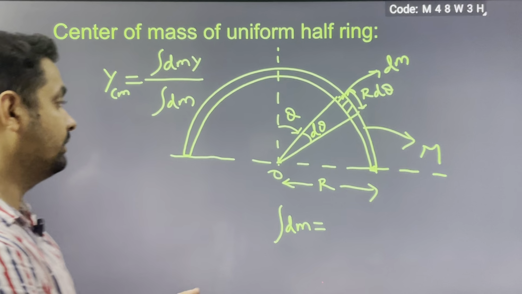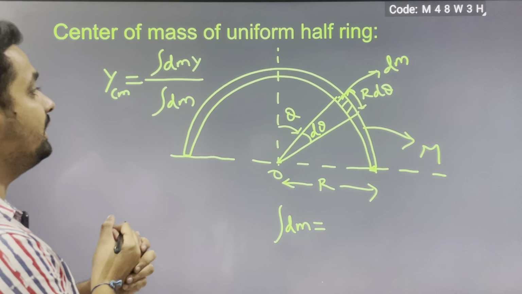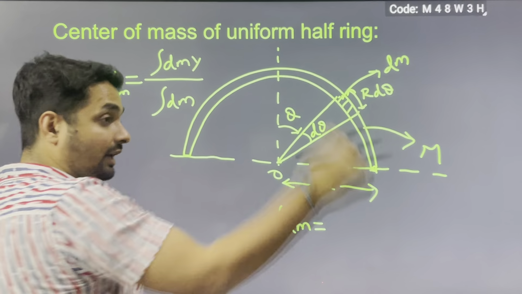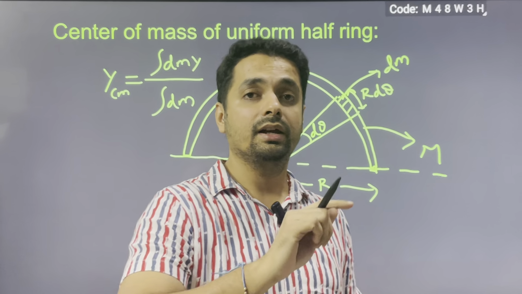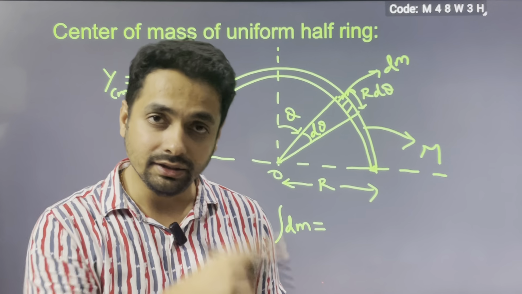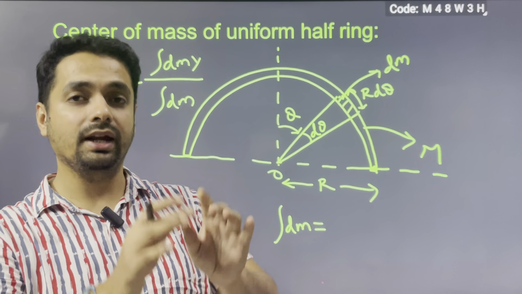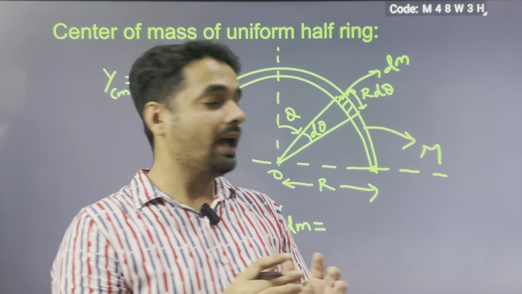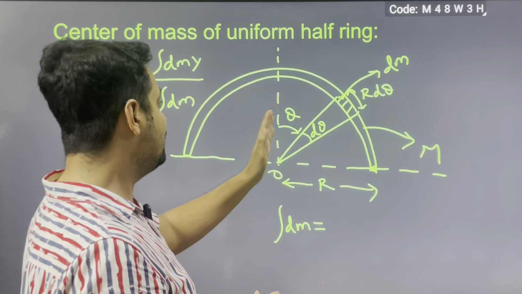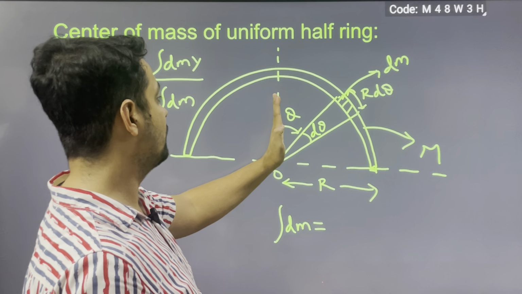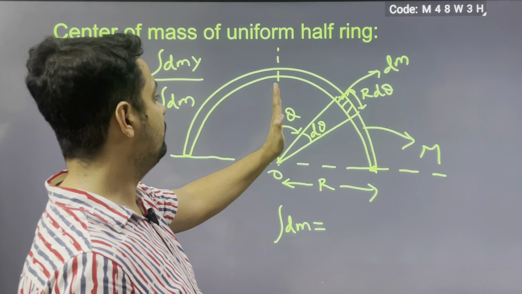So how will I write dm? Because it is a ring, the mass will be distributed along the length, not on the area. And one thing you see here is that theta is changing from this point to this point.